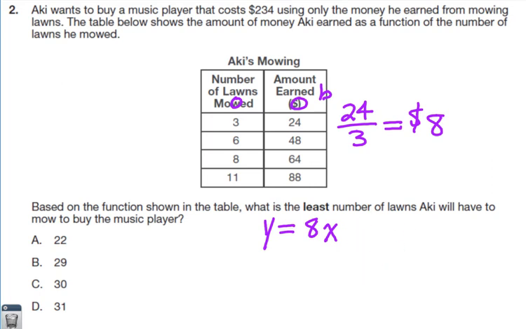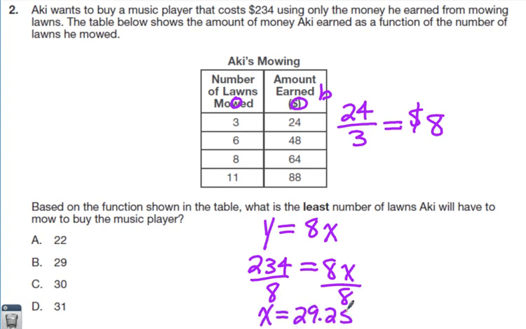So if he wants to earn $234, let's divide both sides by 8 on a calculator. I'm getting 29.25. So let's interpret this correctly.